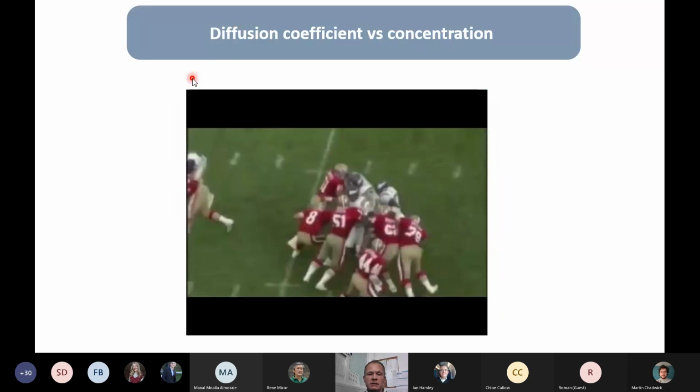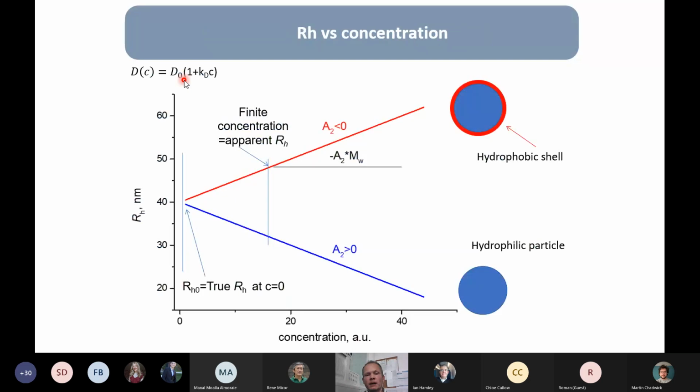And this happens because if there are so many particles together in solution, they will start bothering each other. So their diffusion is not the diffusion of a single molecule, a single protein, but they just bother each other, and their diffusion coefficient will be changed, right?